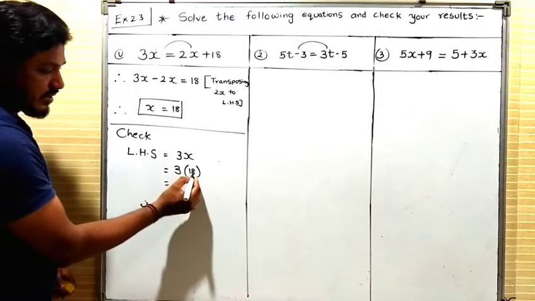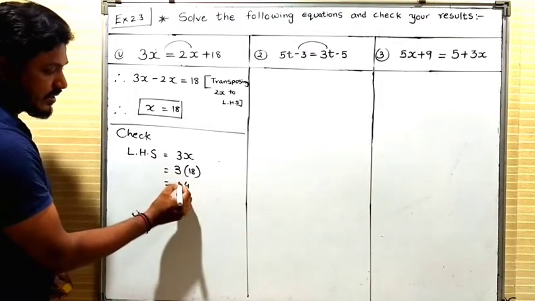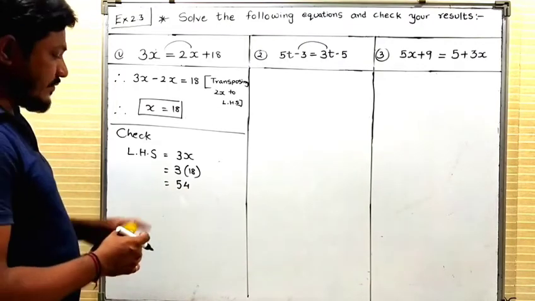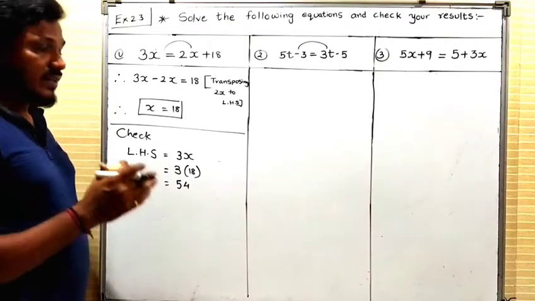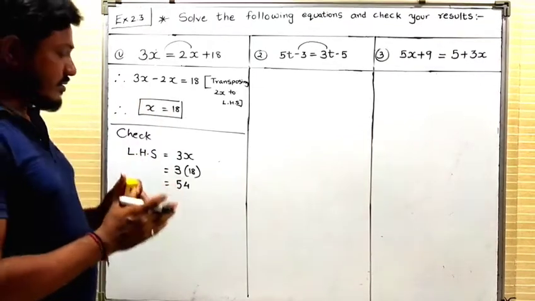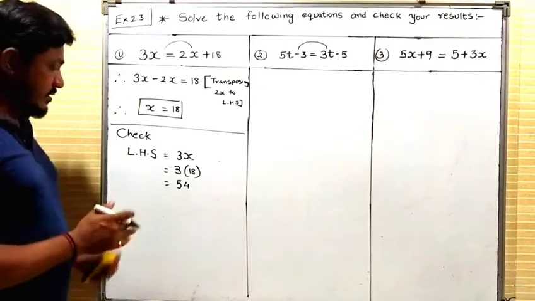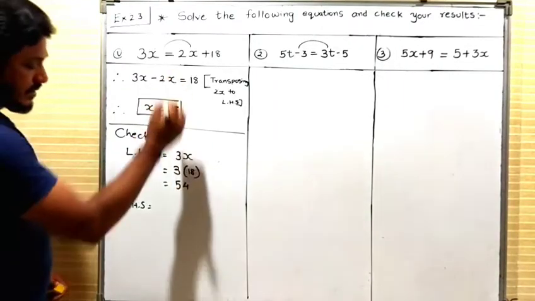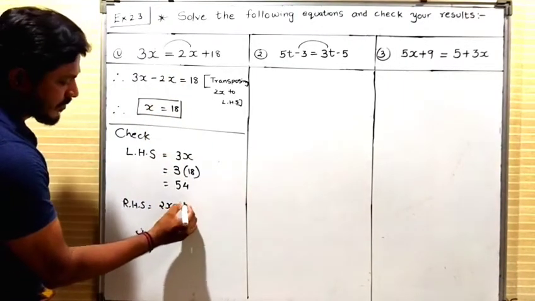18 3s are 54. On our left hand side we got value 54. Now let us see whether on our right hand side also we will get 54 or not. That is 2x plus 18.